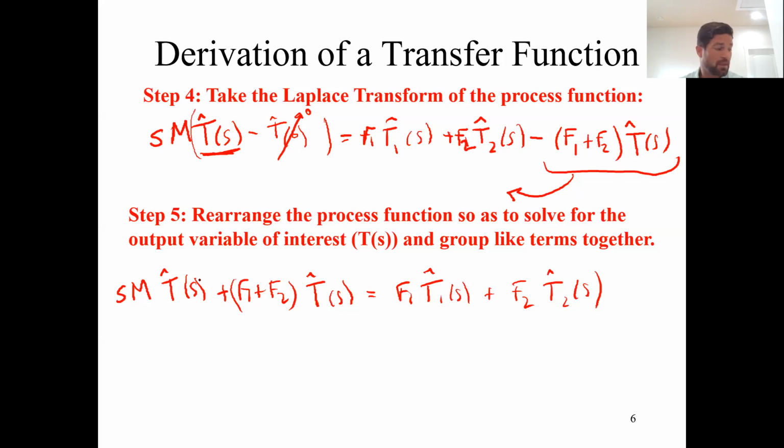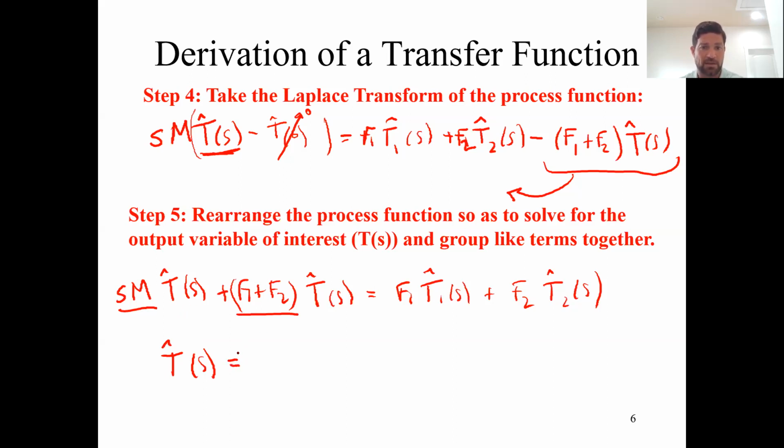And then again, we can do a little bit of rearranging to solve for T hat of s. Essentially, factor out these two terms and divide through the other side. We're factoring the T hat of s out and we're left with the other term.